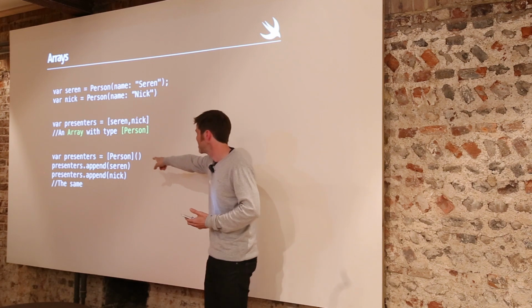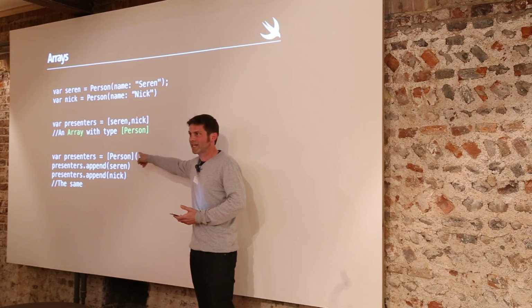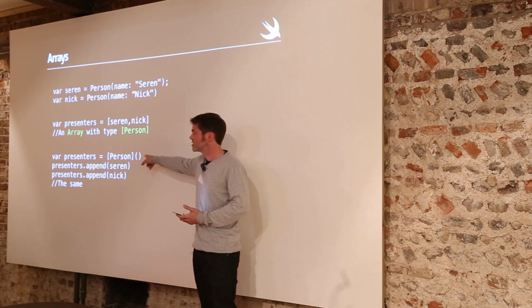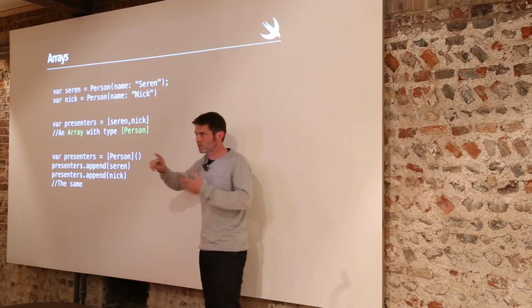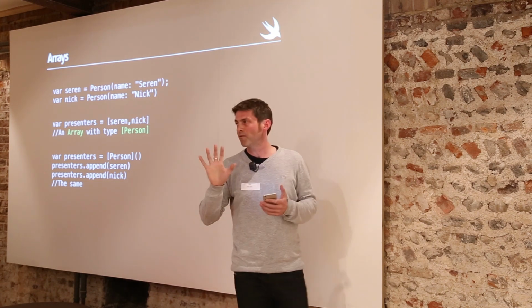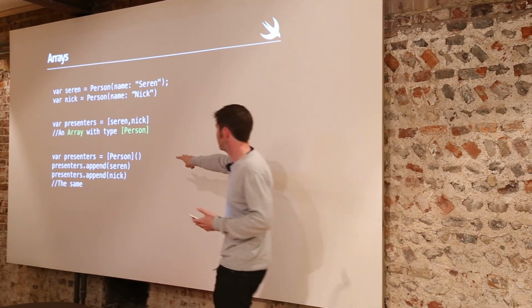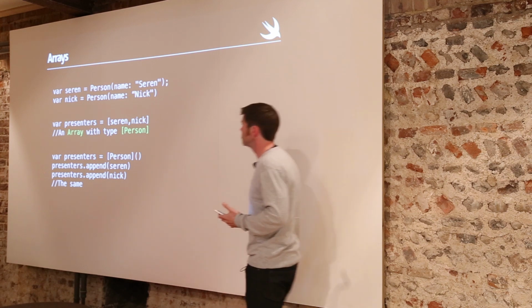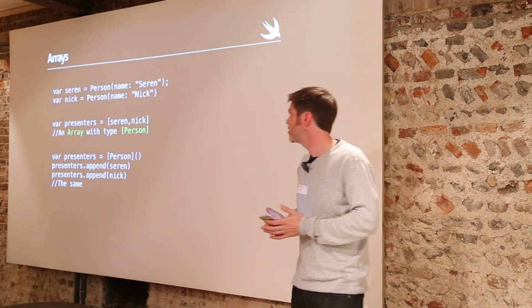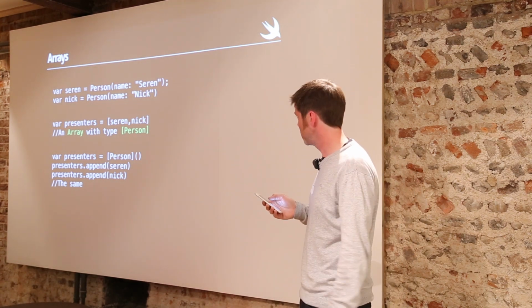Here's the syntax for creating an empty array that only accepts instances of the person class. You've got your square brackets, you wrap those around the class type, and then your parentheses create a new instance of that array.